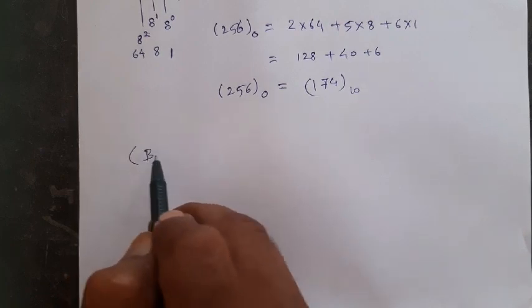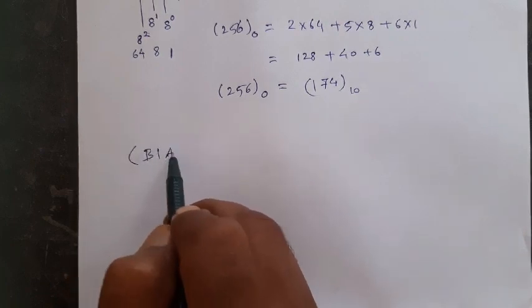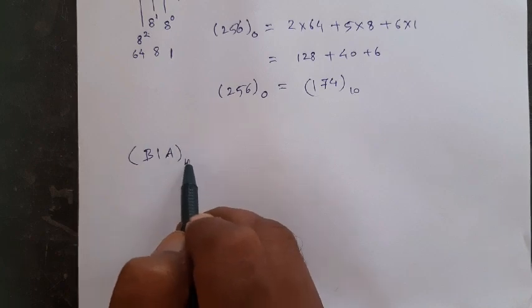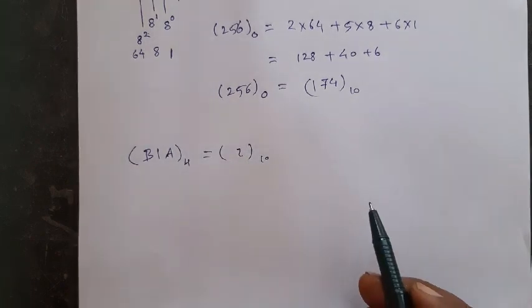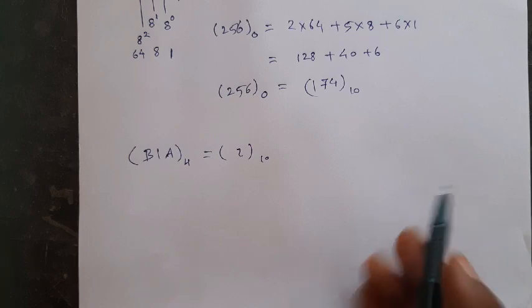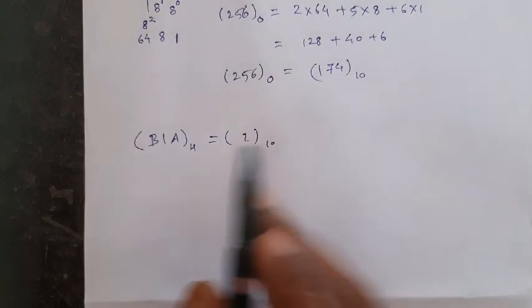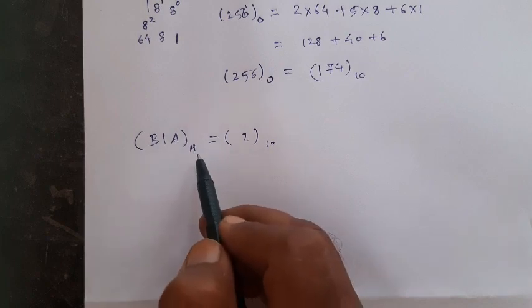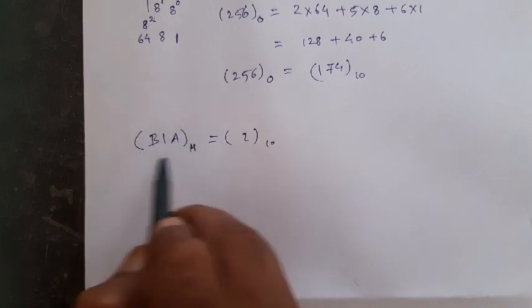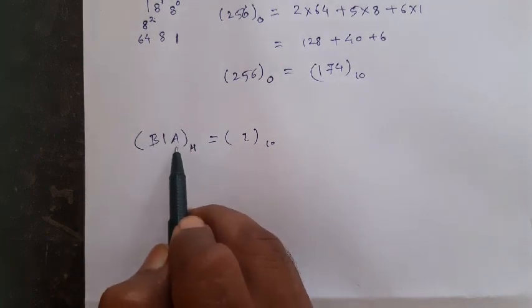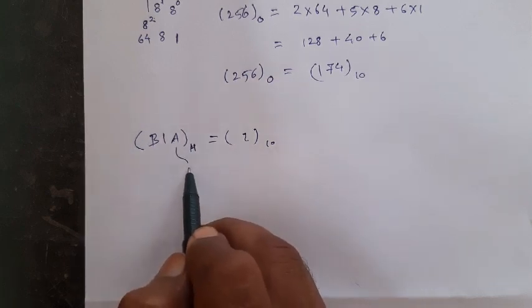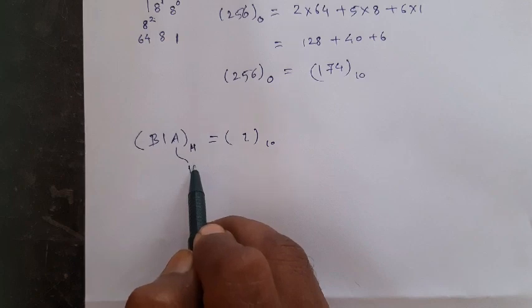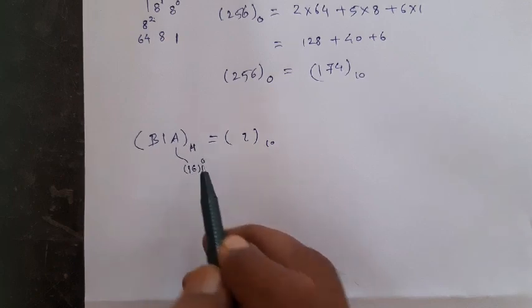Let B1A be the number in hexadecimal number system, and we are interested in the decimal equivalent of B1A in hexadecimal number system. Now as we are using hexadecimal number system to represent the number B1A, we will have to calculate the place values using base to be 16, but we are calculating in decimal number system, and hence I will write it is 16 raised to 0.